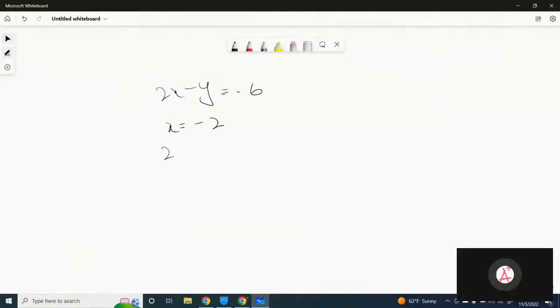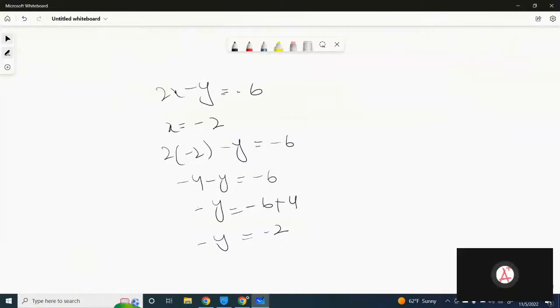Just replace x with the value. 2 times negative 2 is negative 4. Move that negative 4 to the other side, so it would be negative 6 plus 4. So negative 6 plus 4 makes negative 2, and both the negative signs cancel each other out, so y equals 2. So that would be negative 2 and 2.